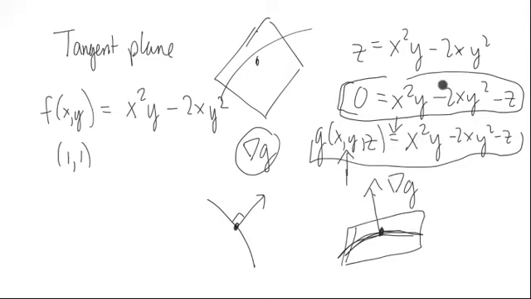In other words, we want to input the point 1, 1: x is 1, and y is 1. Well, what would z be? I have an equation for z. I know that z is equal to this right here on the surface. So I can get the z value just by plugging in the x and the y. So 1, 1, and so it's basically 1 minus 2, which is minus 1.